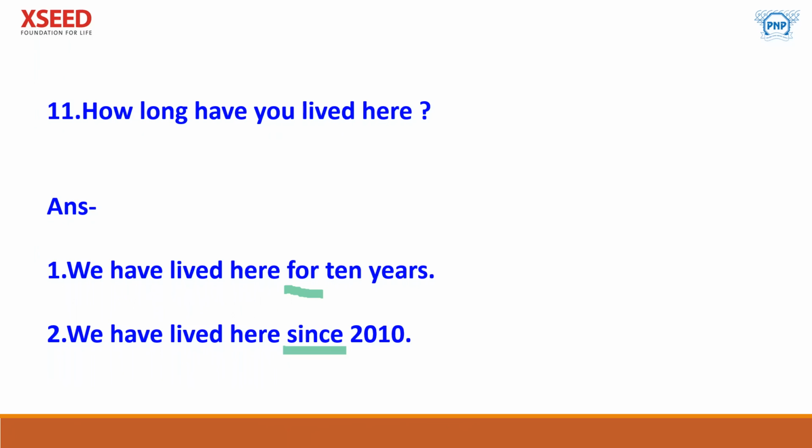The word for is used to tell the time period for an action which has continued, such as the action of living here has continued for 10 years. On the other hand, we use since to tell the point in time when an action began, such as 2010. I hope you have understood this one also.